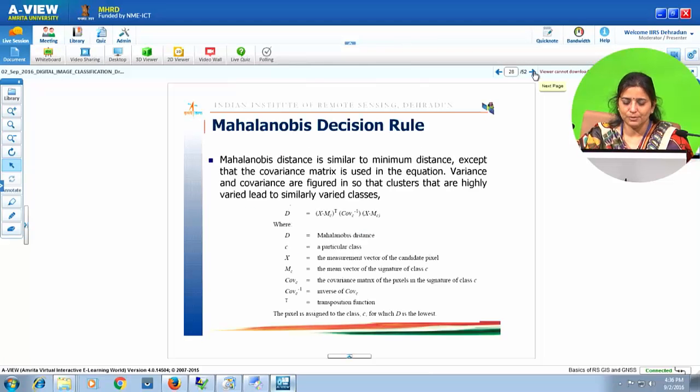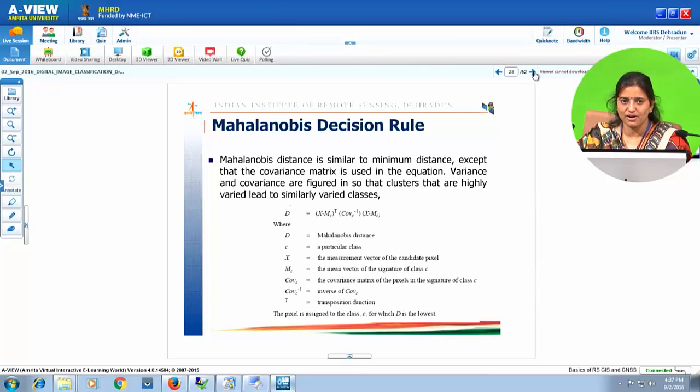To overcome the problems of the minimum distance to means classification algorithm, the Mahalanobis decision rule was designed. Mahalanobis decision is similar to minimum distance except that the covariance matrix is used in the equation. The variance and covariance are figured in so that clusters that are highly varied lead to similarly varied classes.